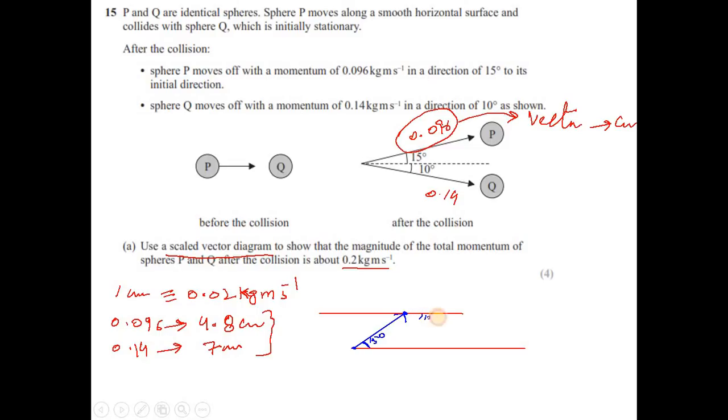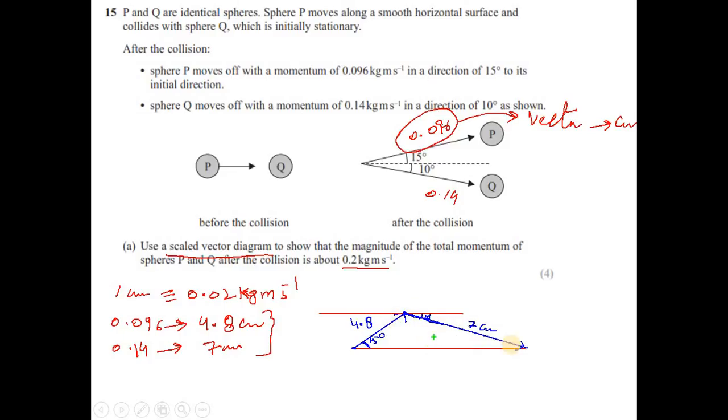Then draw a 7 centimeter long vector, something like this. So this is 4.8 centimeters at 15 degrees, and this one is 7 centimeters at 10 degrees below the horizontal line, and it is the head to tail rule. That means you are adding these two vectors.